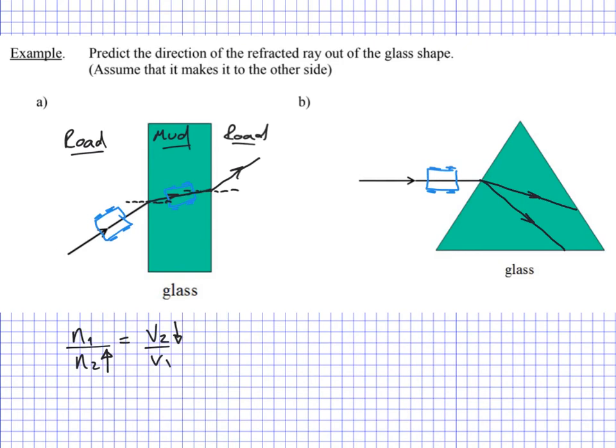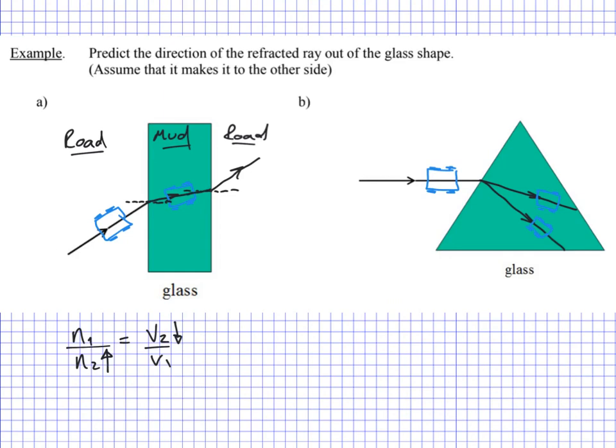Okay, let's just think about what that means as the light leaves the glass. So I'm going to do two little trucks, one here and one here with the wheels. Okay, which wheel is going to hit the road first? Hopefully you can see it's going to be, let's take a look, this one, isn't it? It's the left side of the car.